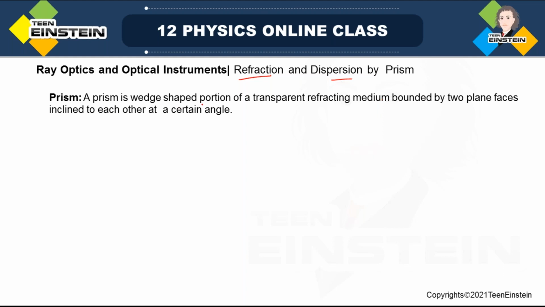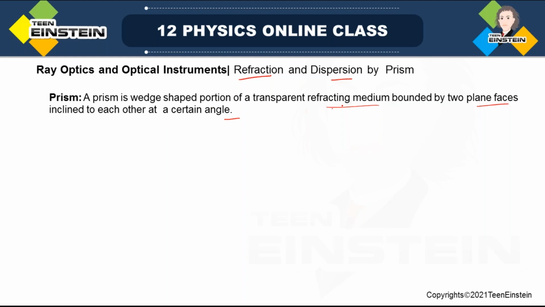Okay. So what is a prism? A prism is a wedge shaped portion of a transparent refracting medium bounded by two plane faces inclined to each other at a certain angle.